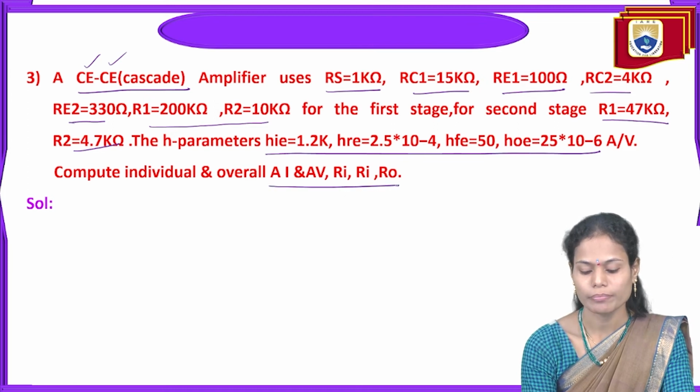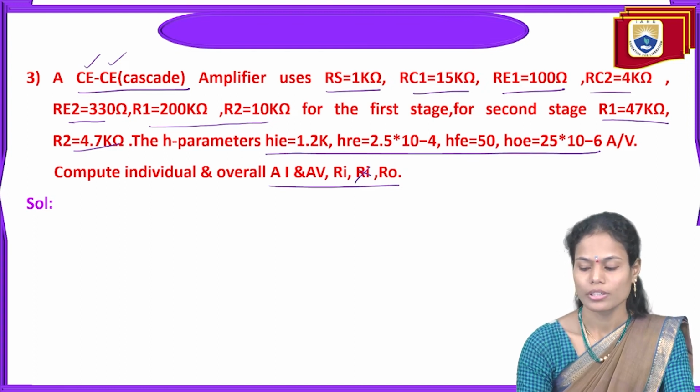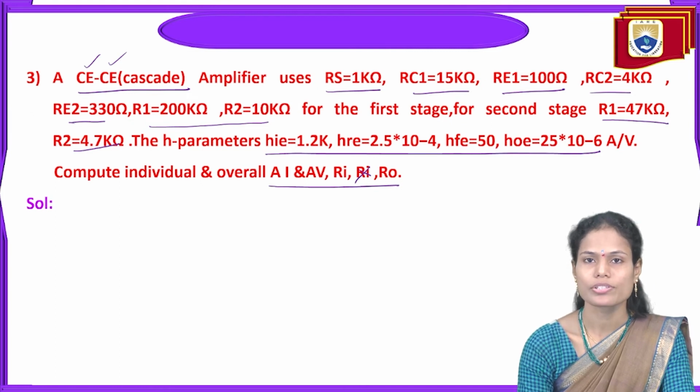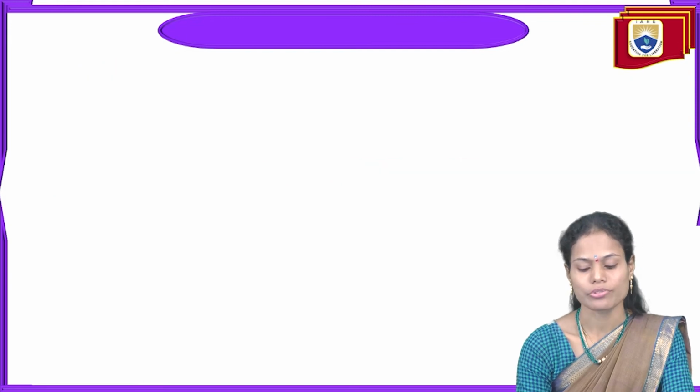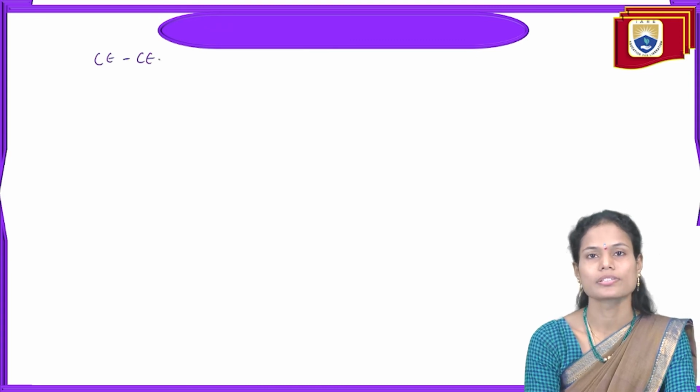Then we need to find the current gain, voltage gain, input output impedances here. So before going to find all these values, we have to draw the small signal equivalent circuit by using the given values. So both are CE amplifiers, CE stage.